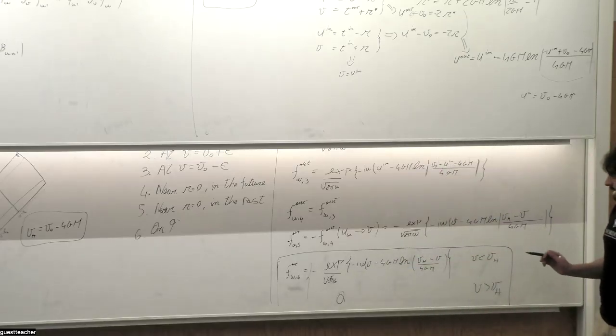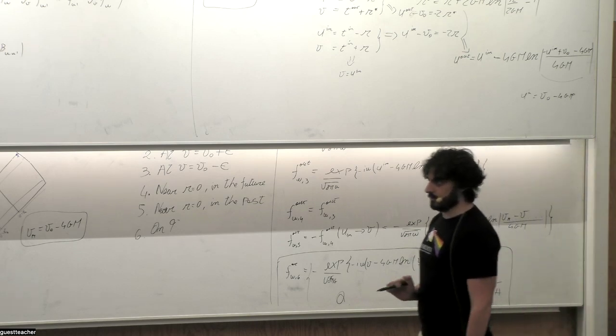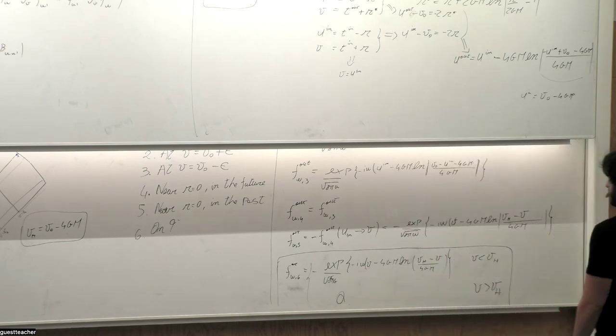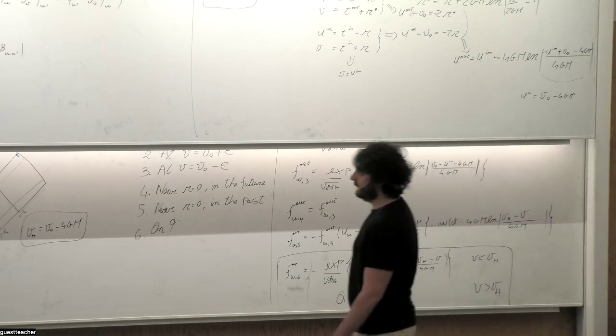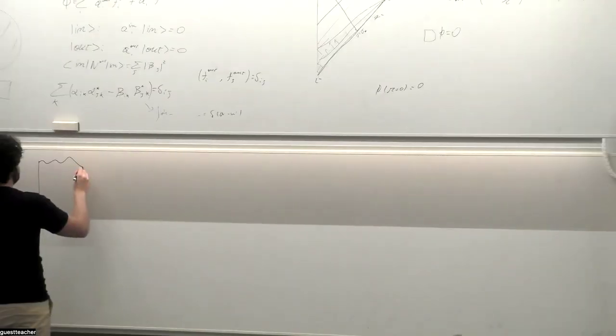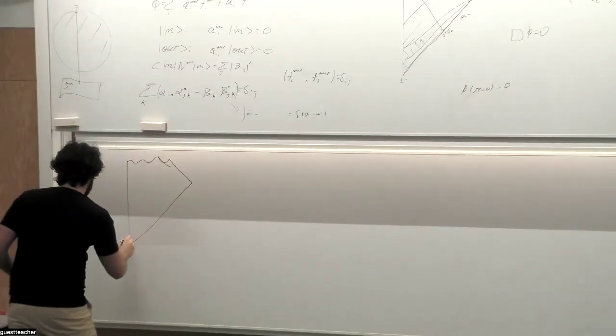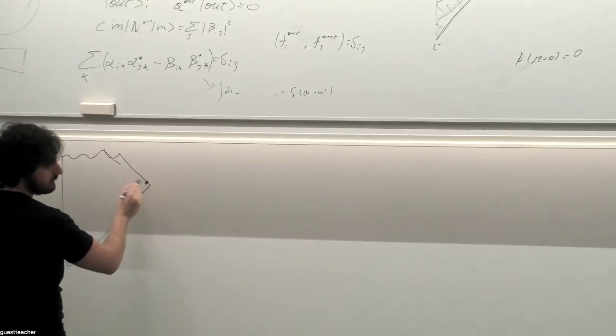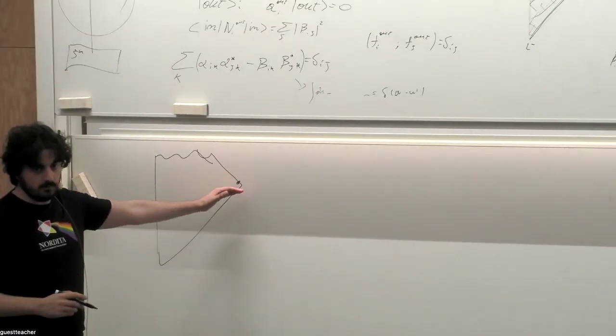Let's look at this result in different regimes. One regime is at very early times, which means very early U out. Doing always the same diagram, let's say close to scri plus, but at low U minus.